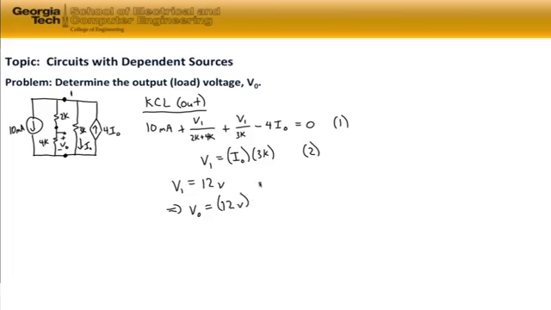And using voltage division, we know that the amount of that voltage drop across the 4K is simply 4K divided by 2K plus 4K. And so that gives us 8 volts for the voltage drop across the 4 kilo ohm resistor. So V sub 0 is equal to 8 volts, and we could have just as easily written that as V sub 4K, the output across the load resistance 4K.